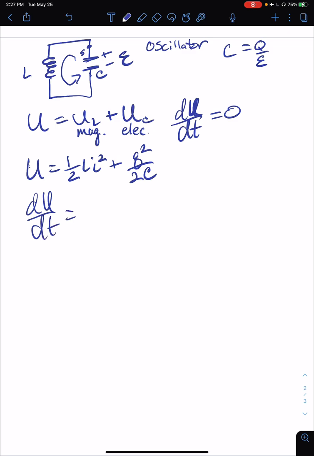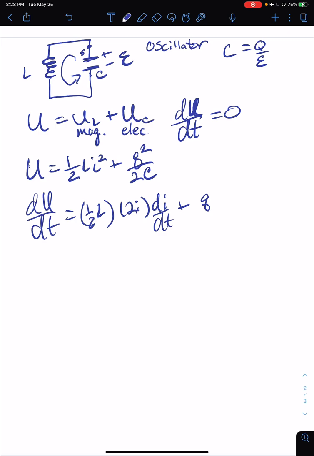So what we need to do is differentiate this with respect to time. If we differentiate that first expression with respect to time, we're going to end up with 1/2 L times 2i, and then what do we get? di/dt, right. I can do differentiation. And then the second expression is going to be q squared.